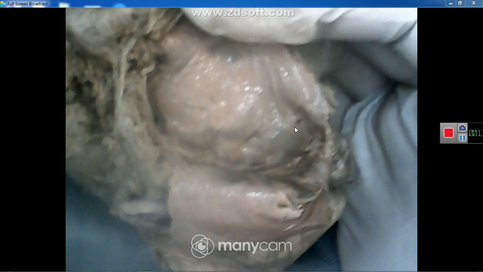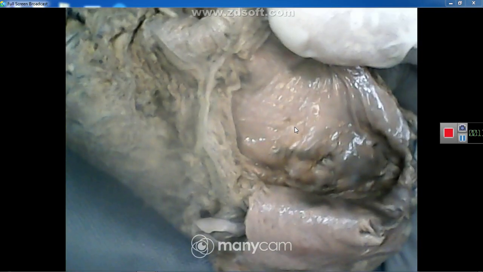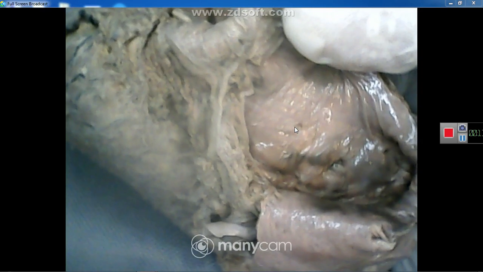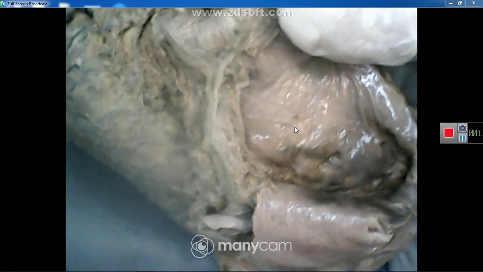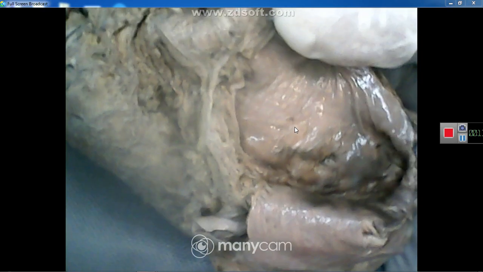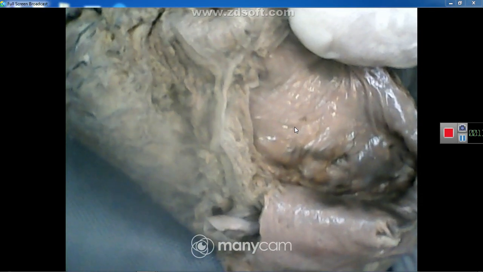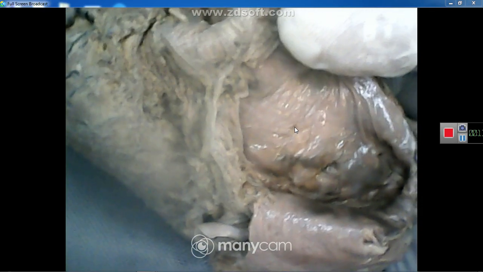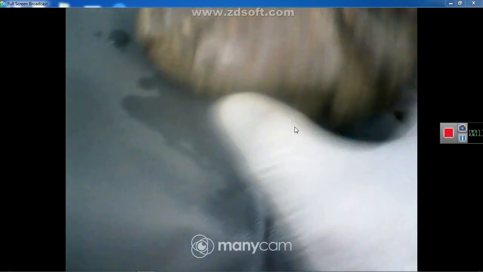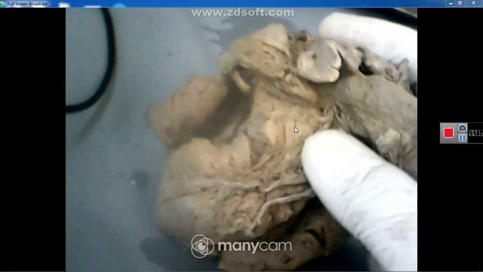This is 1, 2, 3, and these pits could be also examined in the right atrium, not only in the left atrium, and in all other chambers. They are the venae cordis minimi of the heart, which are veins of the heart. Of course, we may look for the vessels here, but I don't want you to be disturbed.